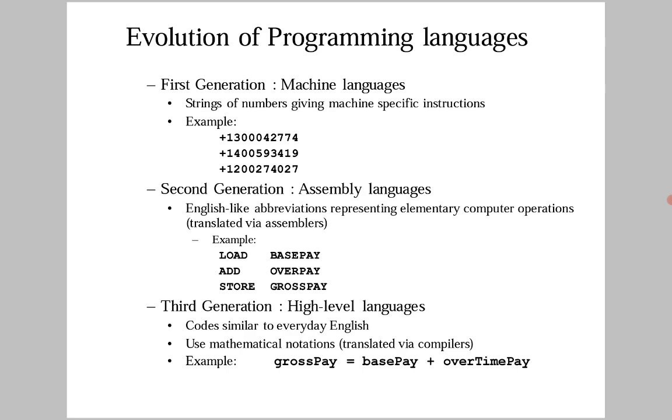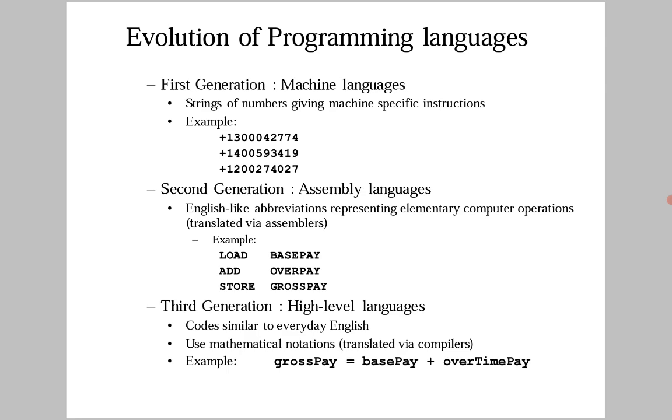Assembly language. What is assembly language? Assembly language is another type of language. Generally in assembly language, instructions are written in the form of commands or code, for example load, add, store, subtract.